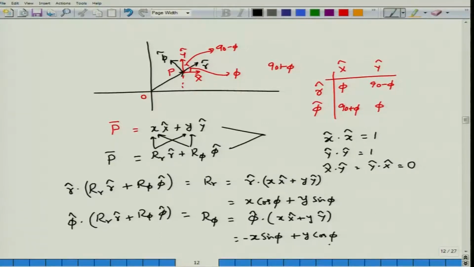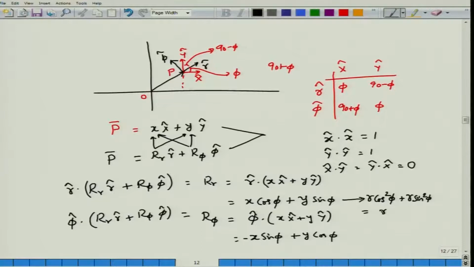But our job is not complete here because I need to replace x and y by the corresponding values of r and phi. So at the point where I am considering, I know that x can be given as r cos phi and y is given as r sin phi. So what will happen to the component r? So this becomes r cos square phi plus y is r sin phi. So this becomes r sin square phi, which is actually equal to small r.